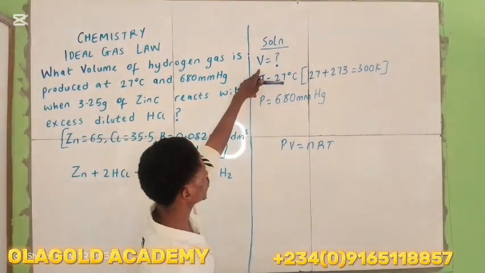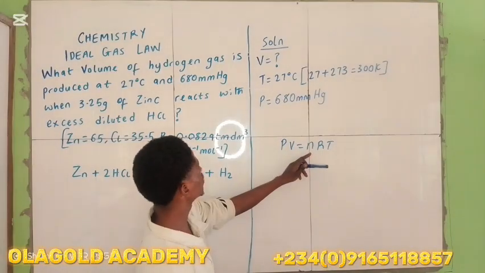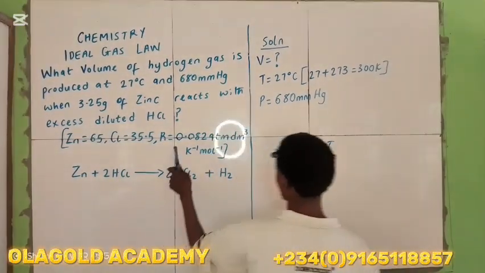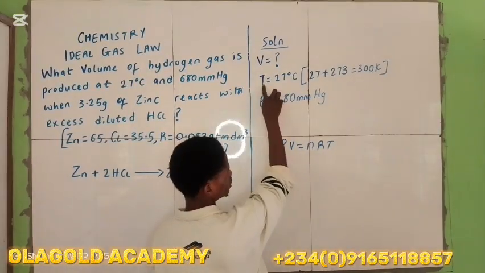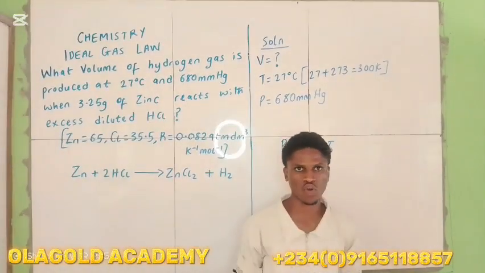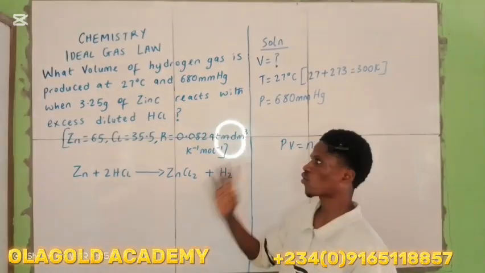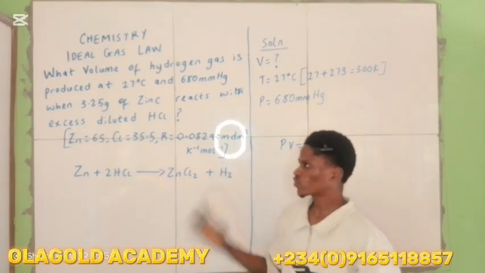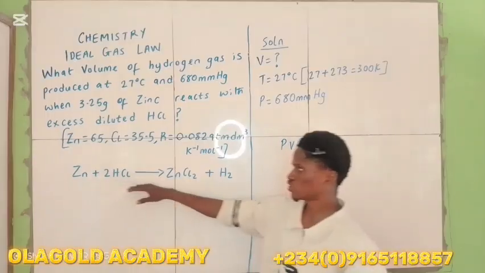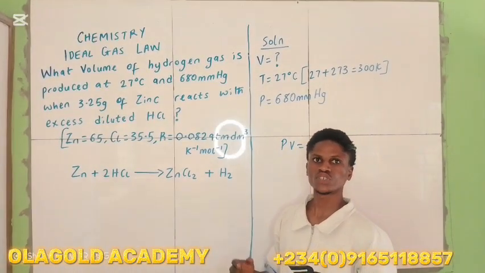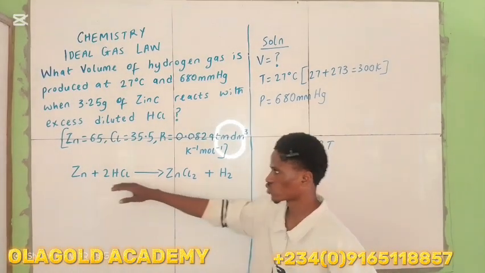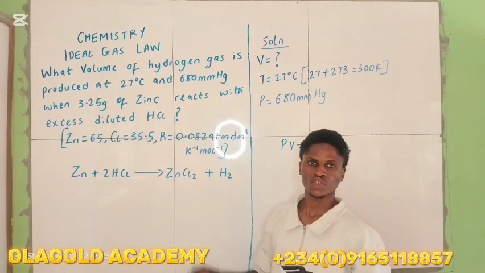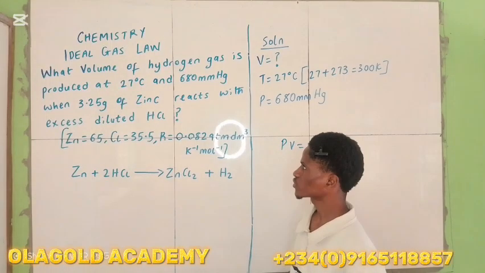Volume is not given. Number of mole is not given. Molar gas constant is given. Temperature is given. So we need to look for the number of mole, and that is the reason for giving us this chemical equation. So we need to use this chemical equation to derive our number of mole. How do we go about that?